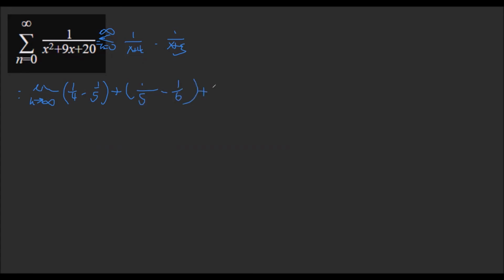Might as well take the third as well, which is going to be 1 over 6 minus 1 over 7. We could continue onward using the fourth and the fifth term, but I believe you may already be able to see a pattern. It's quite evident. We'll get back to simplifying in a moment.